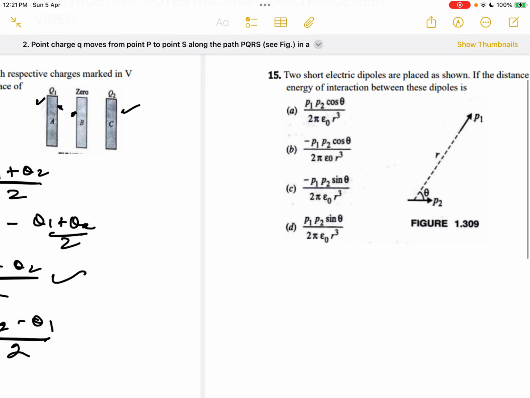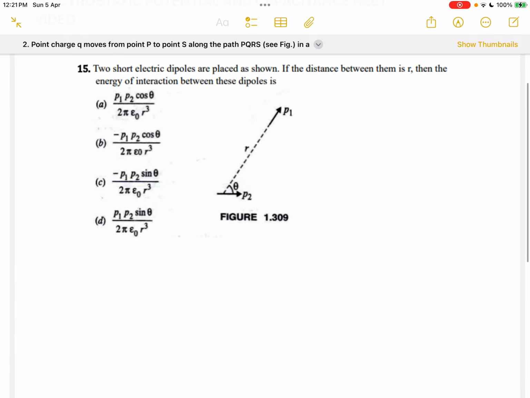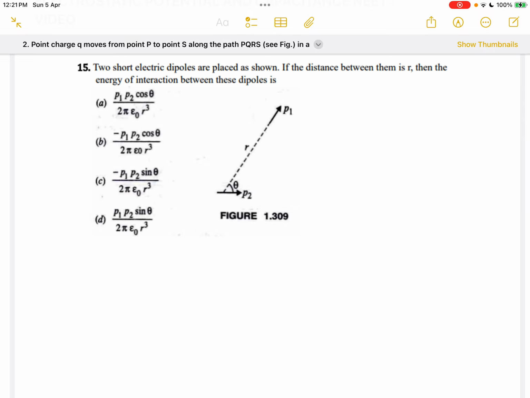Let's go further. Let us do question number 15. Two short electric dipoles are placed as shown. If the distance between them is r, then the energy of interaction between the two dipoles is. Let's find out. The energy of interaction is simply U equal to minus P2 dot E1. The reason why I write P2 dot E1 is because E1 is the electric field produced by dipole P1, and this dipole lies on its axial line.